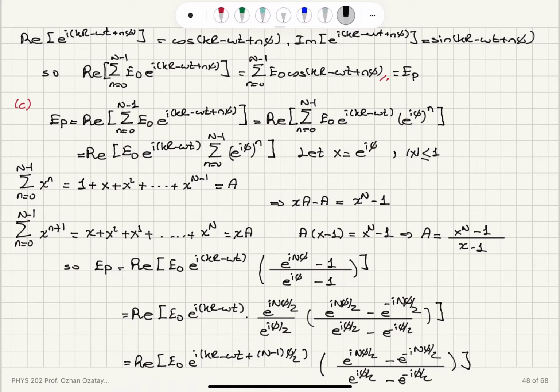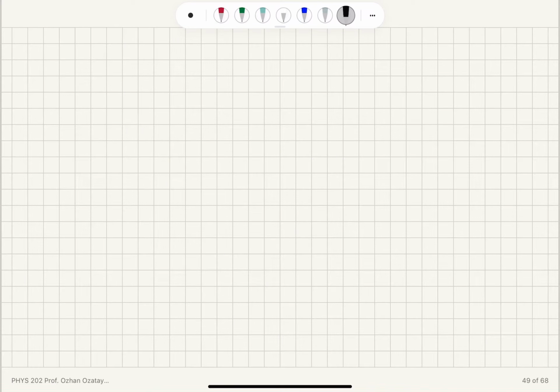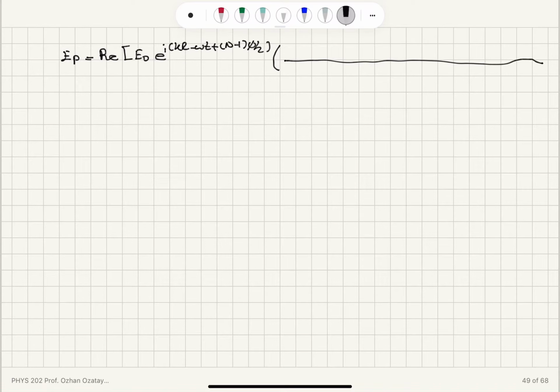Okay, now the electric field at point P is equal to the real part of E0 e to the i(kr minus omega t plus (N minus 1) phi over 2). And now I will open up this expression here. e to the i N phi over 2 is cosine N phi over 2 plus i sine N phi over 2.